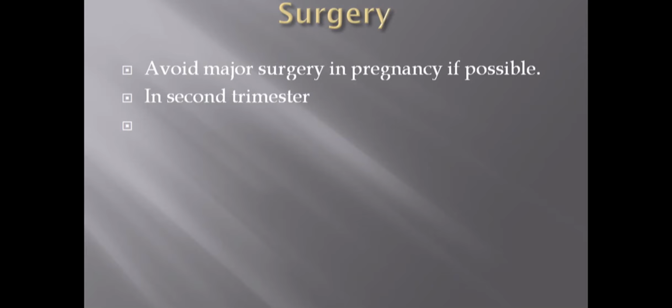But if surgery is needed, for example if the patient has a contraindication for antithyroid medication or needs a high dose of antithyroid drug, surgery should be done in the second trimester. In the first trimester there will be a risk of fetal loss or abortion, and in the third trimester there will be preterm labor. So the surgery should be done in the second trimester.